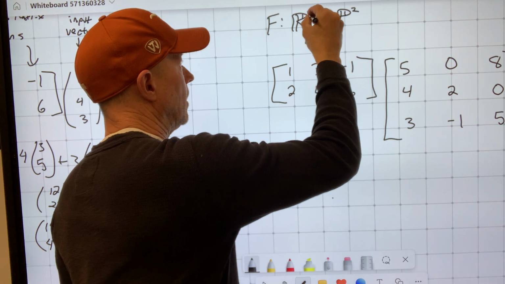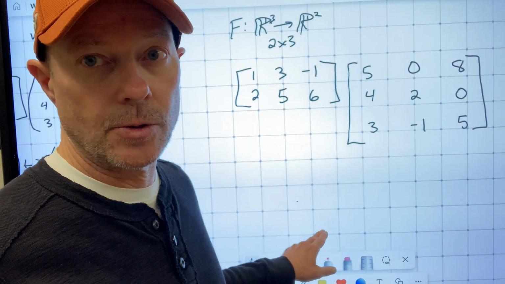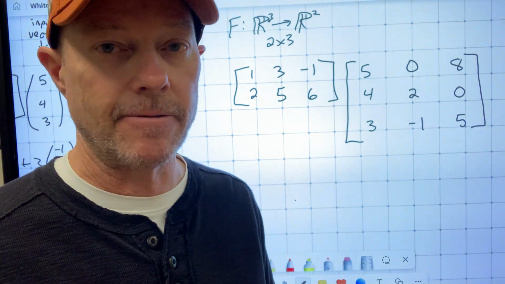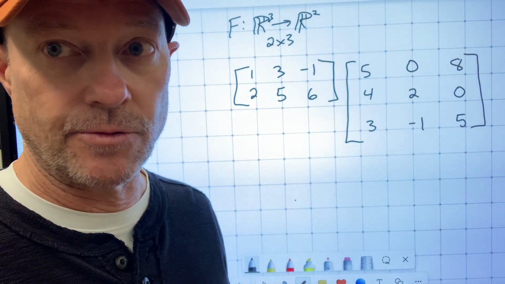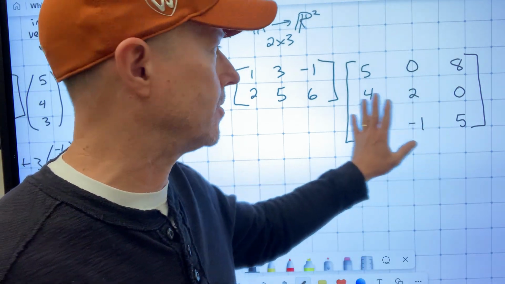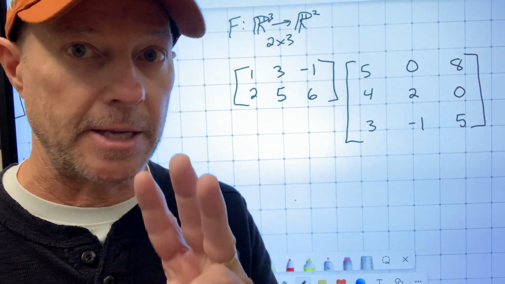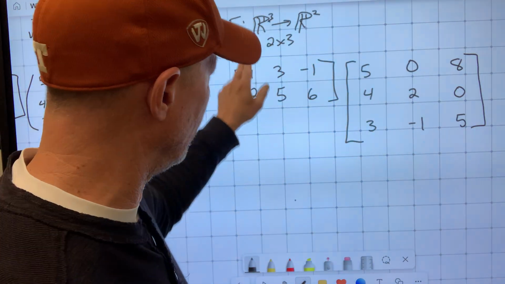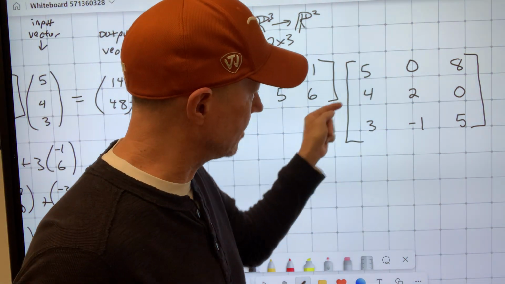So the only way I can do the multiplication is if I have 3 space vectors to transform. That means the matrix on the right side must be storing 3 space vectors because I have 3 columns here. However many columns I have, that's what type of vectors I need.